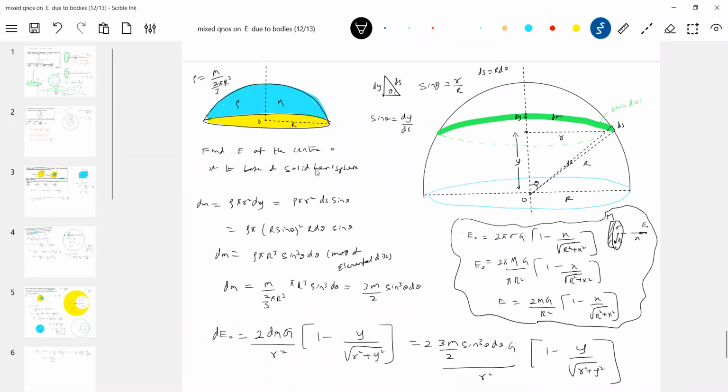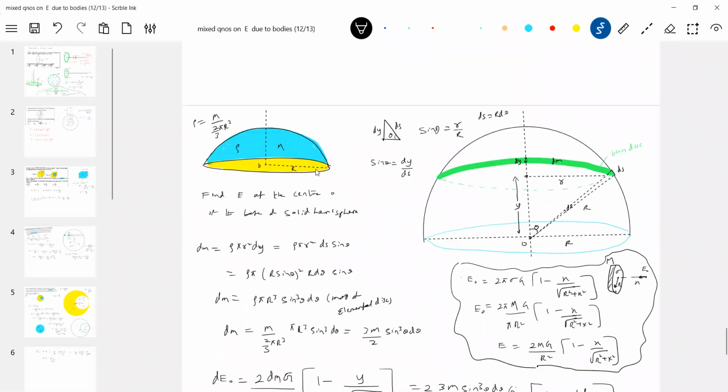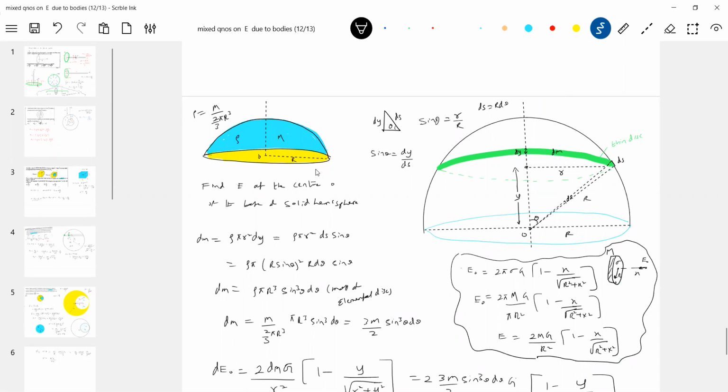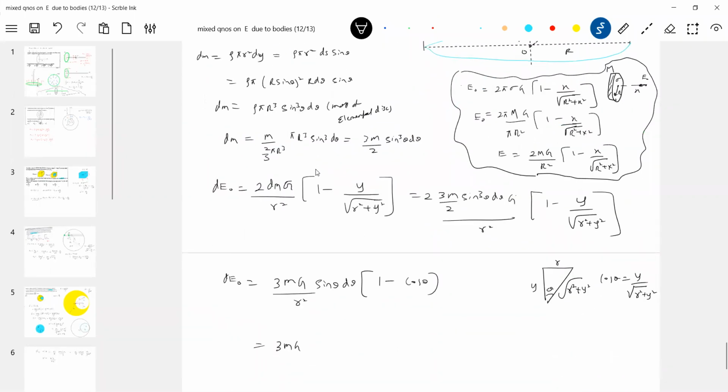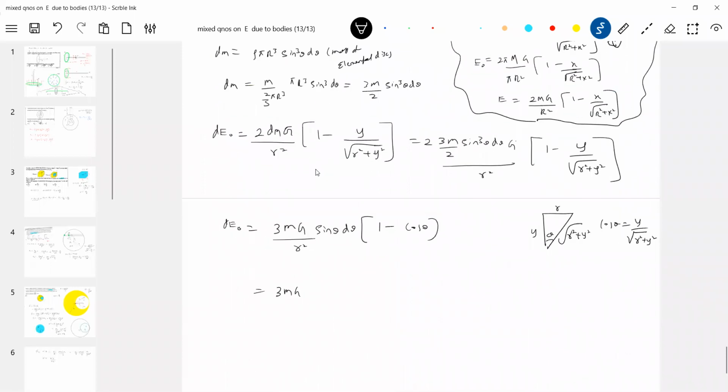Sine theta equals small r by capital R. So here, what is the equation from this? Cos theta, so small r will be R sine theta.